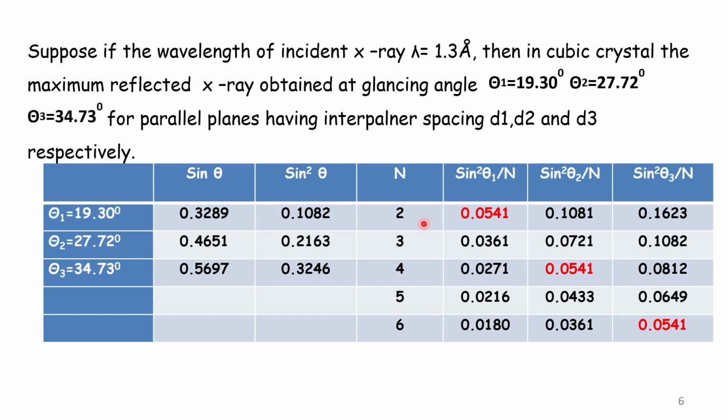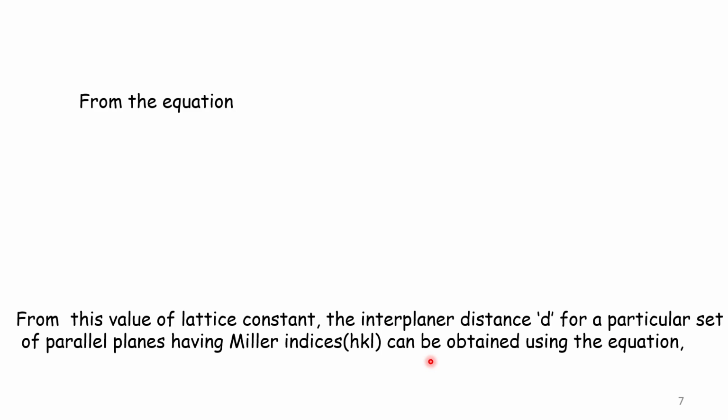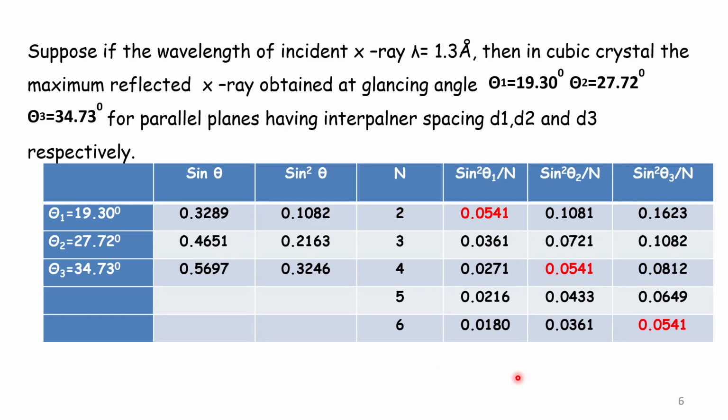Now corresponding to the different values of n, we can find the ratio sine square theta divided by n. And here we observe that for these three glancing angles, corresponding to the different values of n varying from 2 to 6, we get the constant value of this ratio sine square theta divided by n.